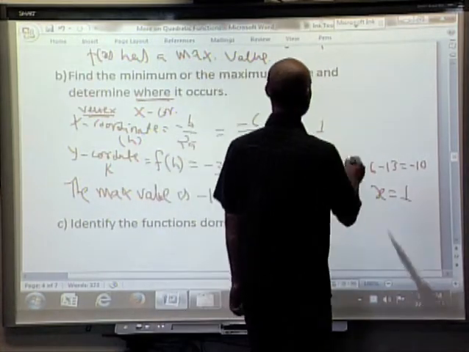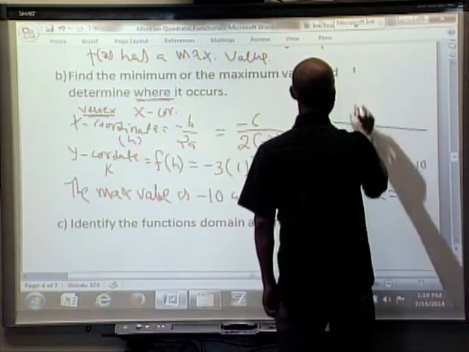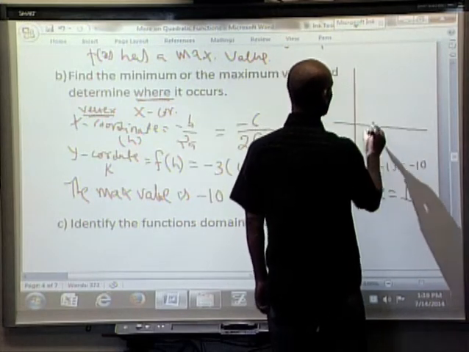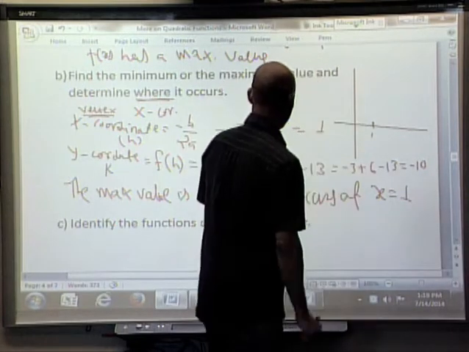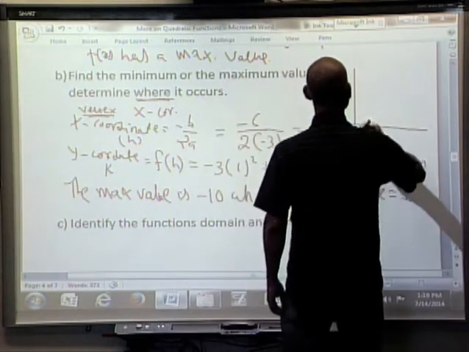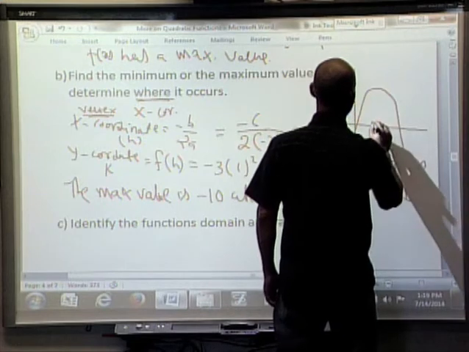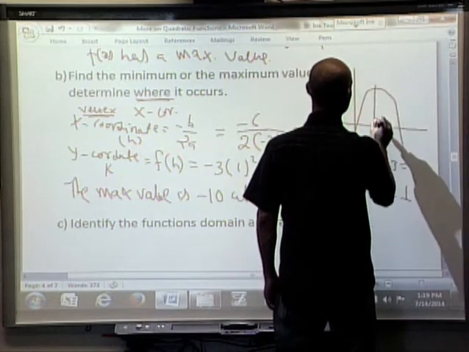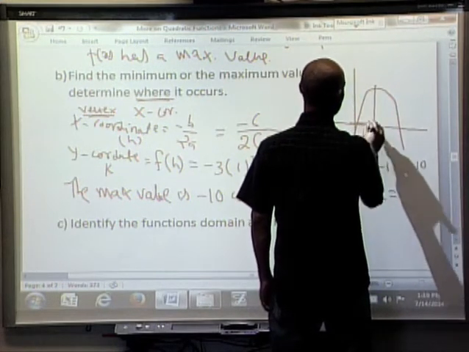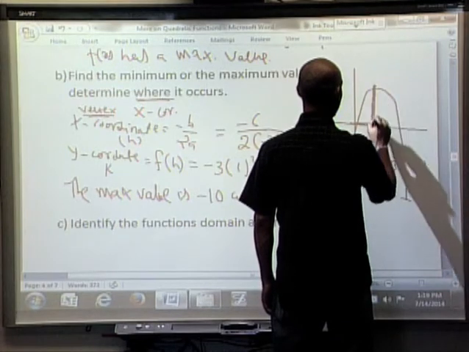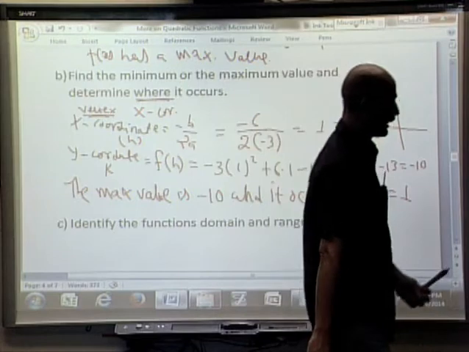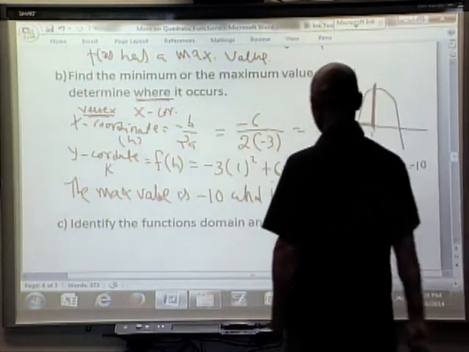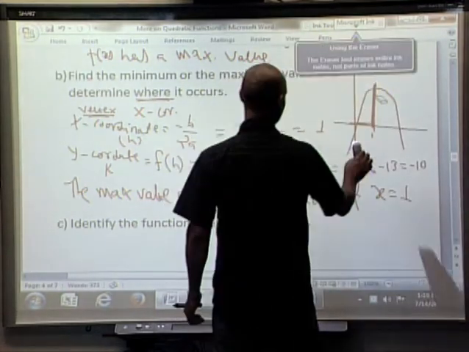So, basically what does this mean in the graph? If this is x equal to 1, the parabola looks something like this, and this is the maximum value, and this is a wrong graph. The maximum value is -10.